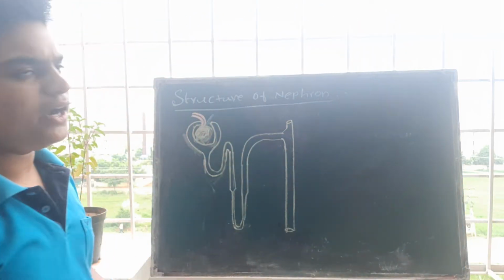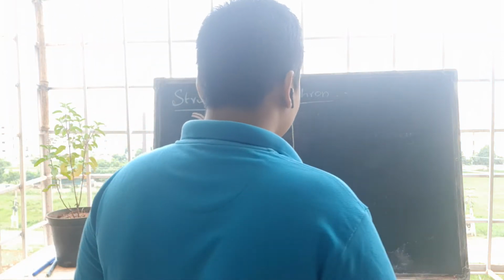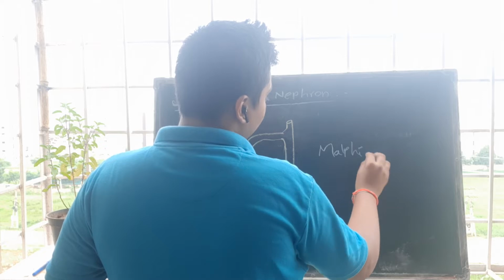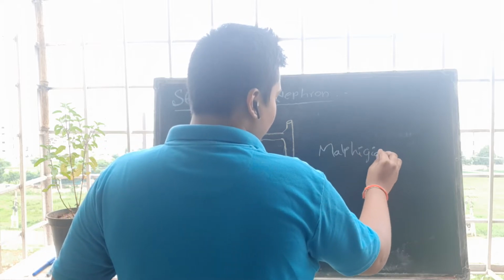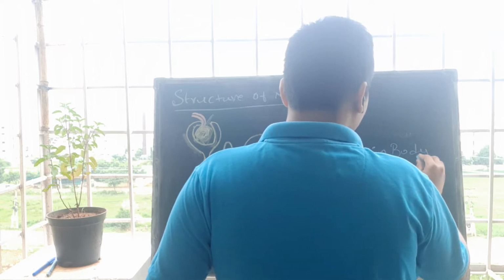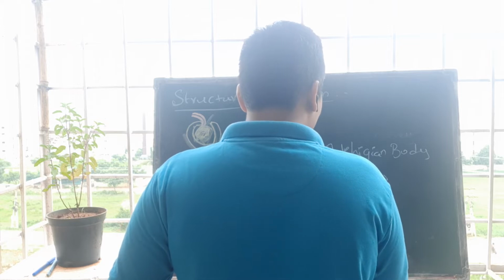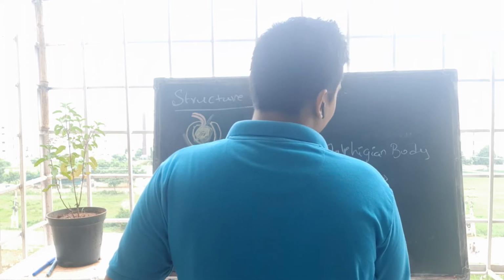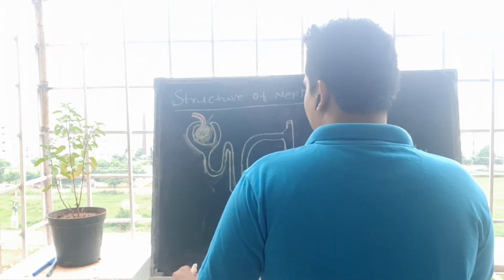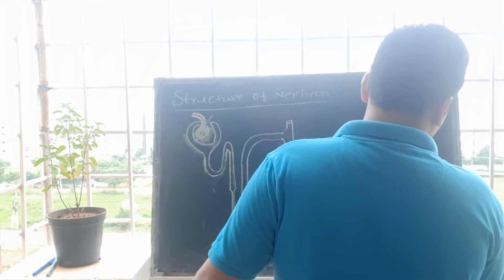The first part of the nephron we study is your Malpighian body. While writing, you write Malpighian body, but it is a combination of two parts: glomerulus, and your Bowman's capsule.